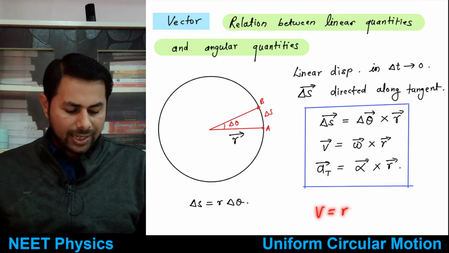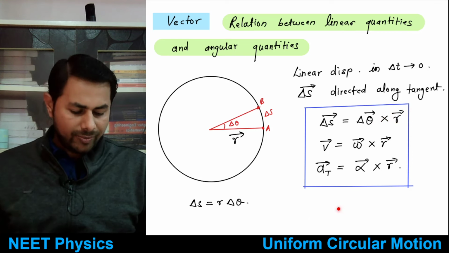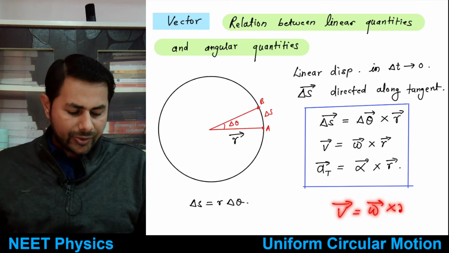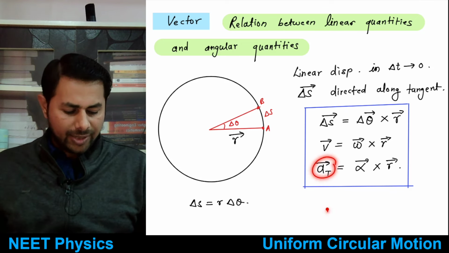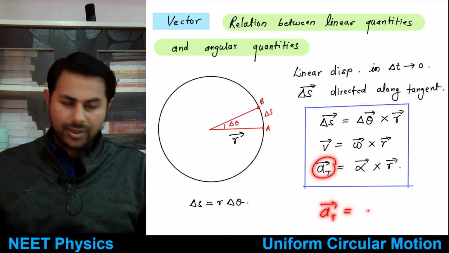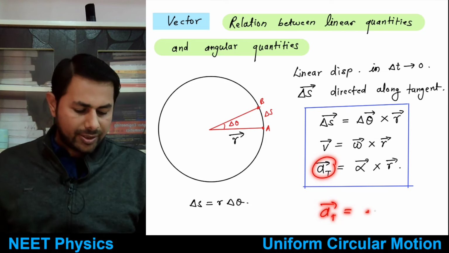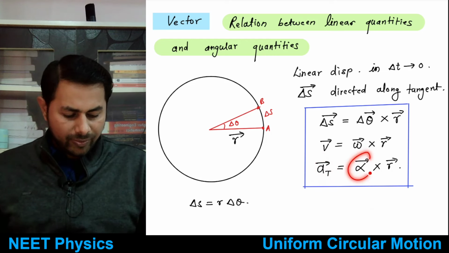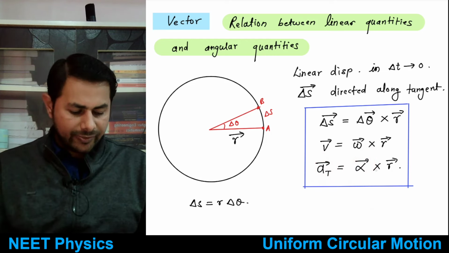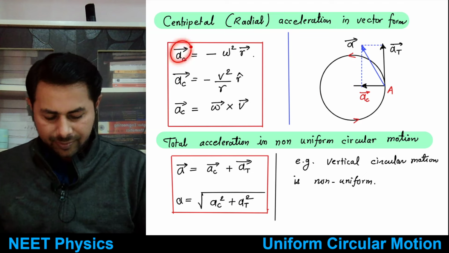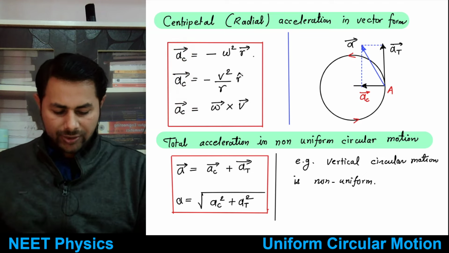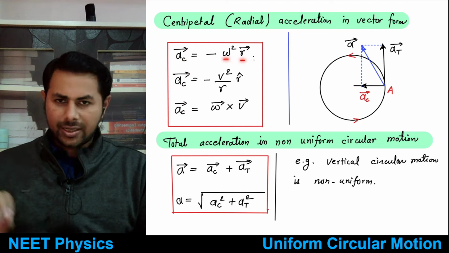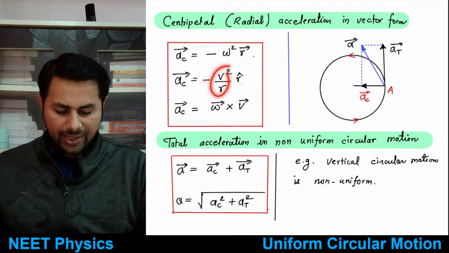v is equal to r omega, this is the scalar form, but in vector form v bar is equal to omega bar cross r bar, and at bar is equal to what? It is r multiplied by alpha, but in vector form the angular term will come first, followed by the cross sign and then the linear term. Similarly, centripetal acceleration we have also seen, it's minus omega square r bar, or minus v square by r times r cap.